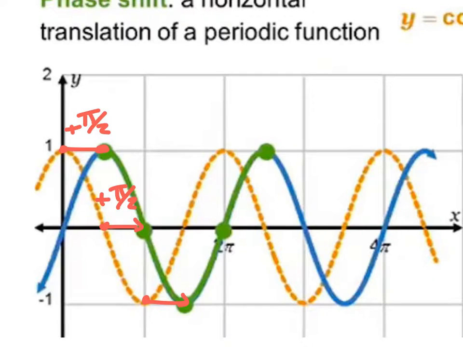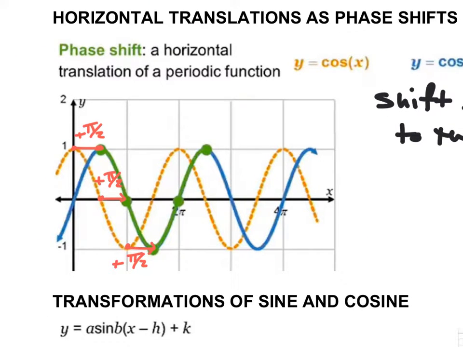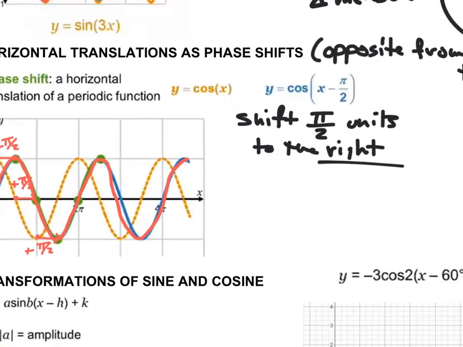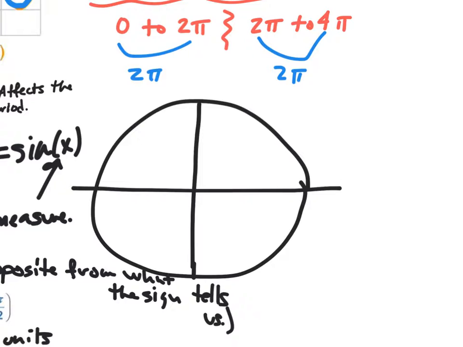Now, here's the cool thing. What kind of graph is created here? If you think about this graph, it's your sine graph. And let's think about what happens in the unit circle.